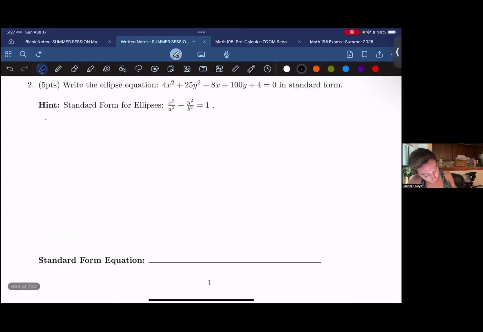So we have 4x squared, I think I'm going to pair all my x's right now together, plus 8x, and then leave a little bit of space. And then we have plus 25y squared plus 100y. Leave a little bit of space, and then bring that 4 over to that right-hand side.